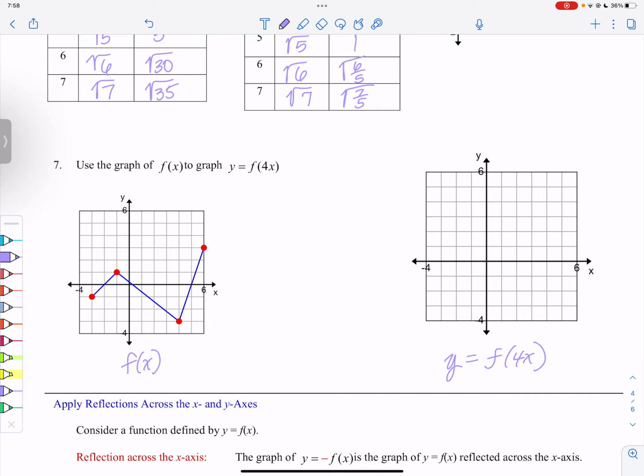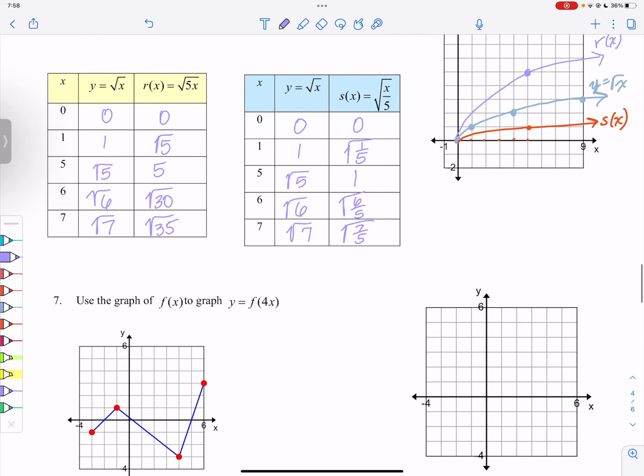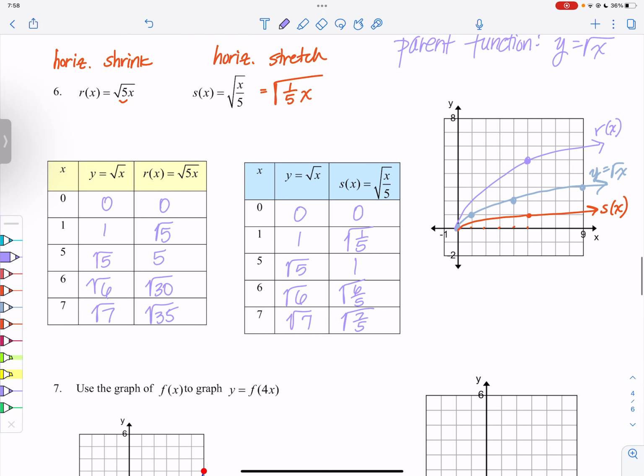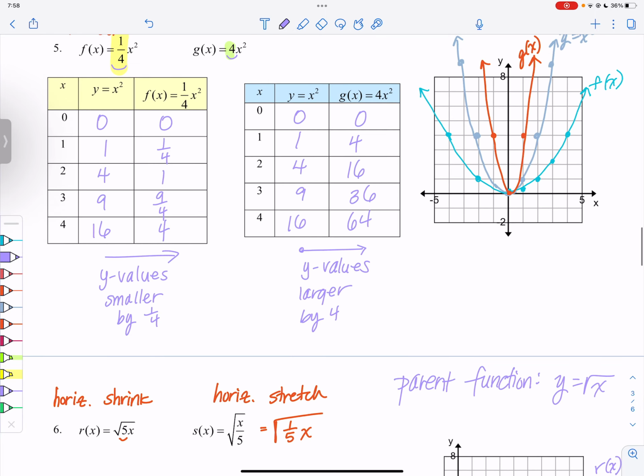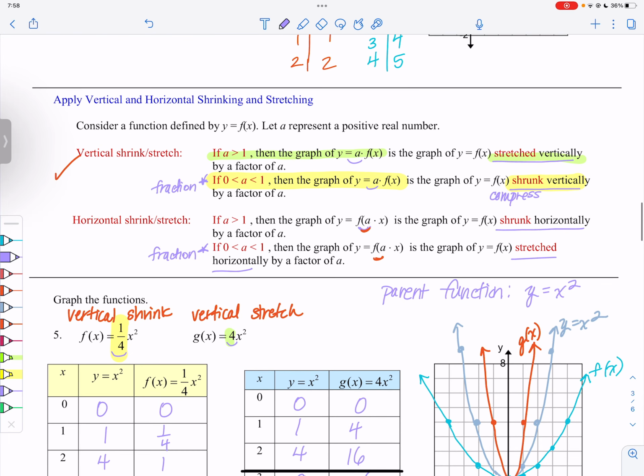Do you notice that we have a constant greater than 1 and it's on the inside of the function? So as you can remember, it's going to be a horizontal shrink, but let's go ahead and find that. As you can see, we have a constant greater than 1 on the inside of the function, and we will have a horizontal shrinking. But if you use points, you really don't even have to memorize that.